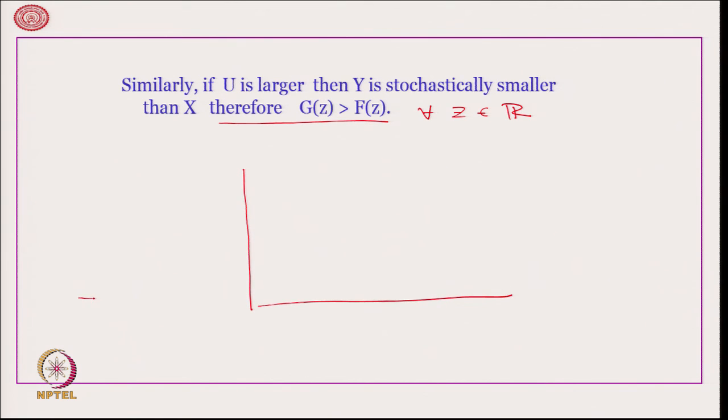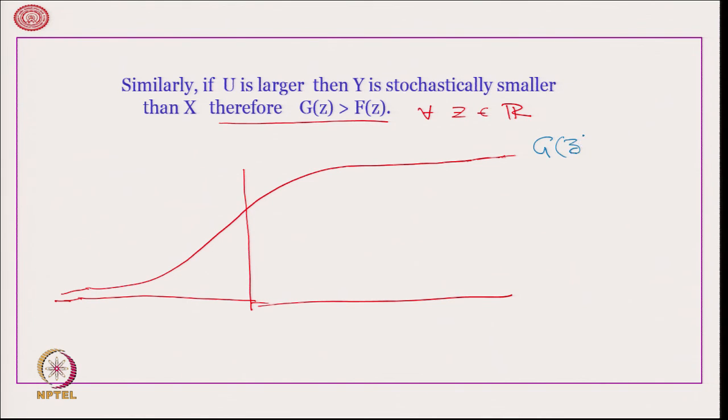Suppose g z is the distribution of y and suppose it has a shape like this. We know that each distribution function at minus infinity is going closer to 0 and at plus infinity it is going towards 1. So, let us call it g z.